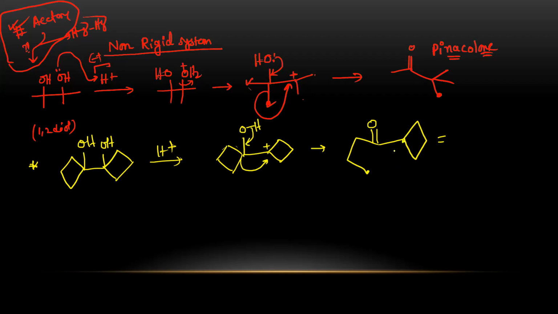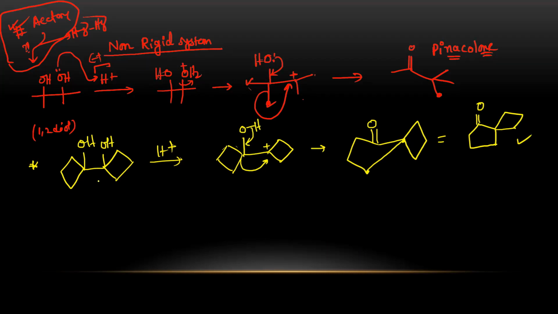So one 5-member ring, one 4-member ring. Now you can draw the 5-member ring, 4-member ring, double bond O. This will be your product.